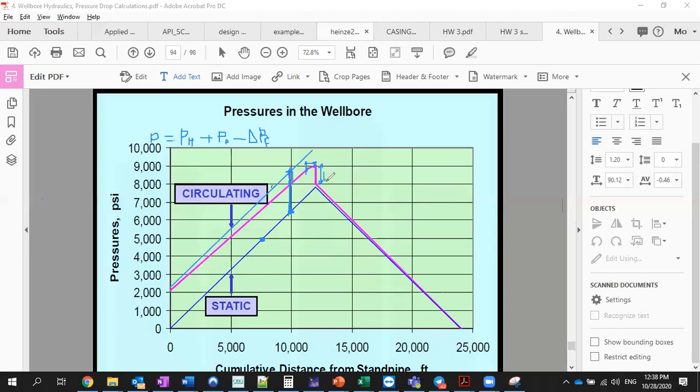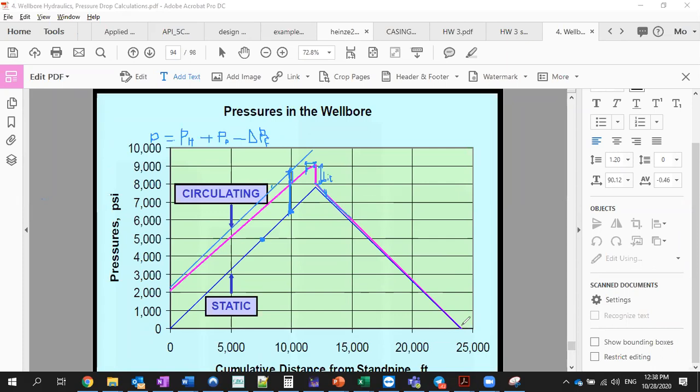Bit, right? This is the pressure loss inside your bit. So drill pipe, drill collar, bit, then you enter your annulus of drill collar, which is a very small section. You don't see really any significant change. Probably it's somewhere here, but you don't see it really. And then you continue all the way to the surface.